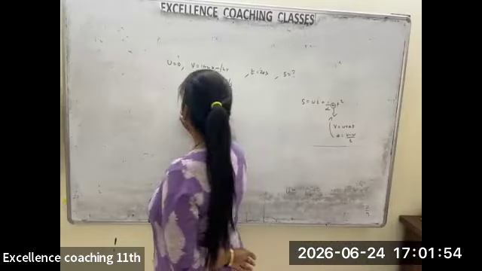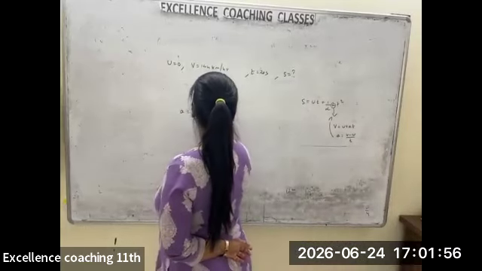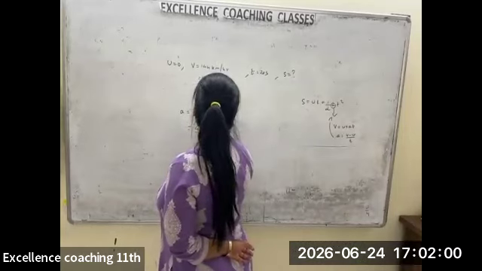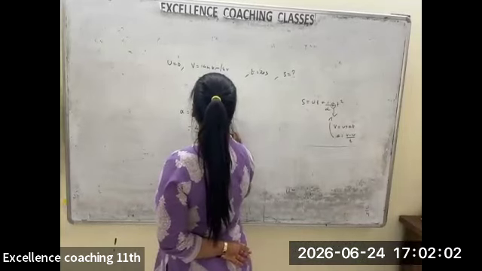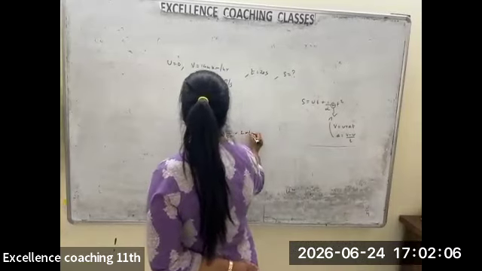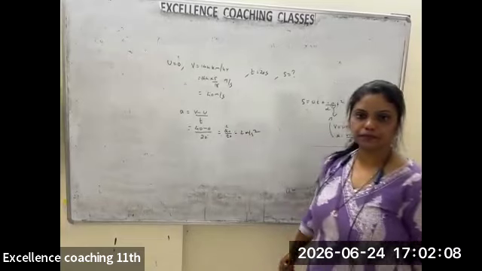So your acceleration will be first of all V minus U upon T. V is 40 minus 0 upon 20. So that will be 40 by 20. So 2 meter per second square.